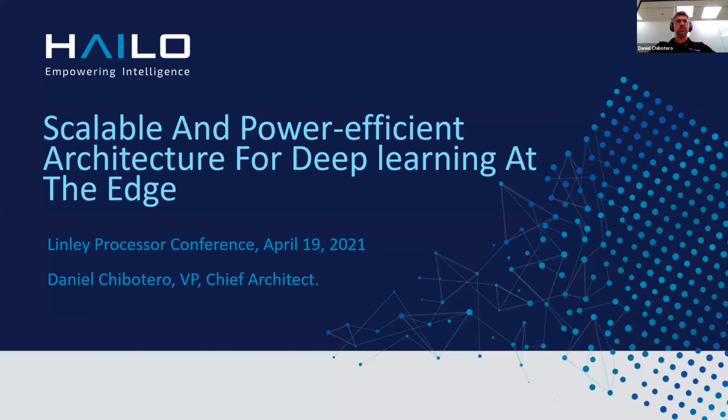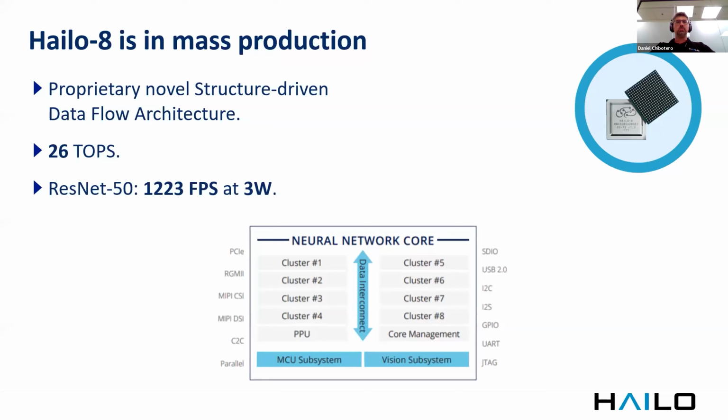Go ahead. So yeah, hi, I'm Daniel Chibotero. I'm the Chief Architect for Hailo, and today we'll discuss scalable, power-efficient architecture for deep learning at the edge. I would like to start by saying that the Hailo 8 chip, our first product, is in mass production. It boasts the proprietary novel structure-driven data flow architecture.